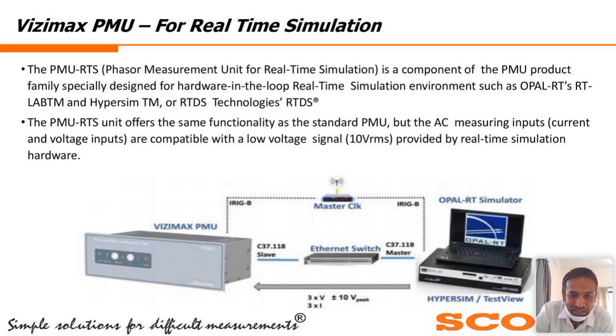The input from the current and voltage is in small low voltage signals, like 10 volts or 0 to 20 milliamperes, so that they can simulate from the external generators these CT PT inputs and send them to the PMU, and the PMU will take the low level signals and act as the actual current and voltage, and accordingly it will give the signals back to the simulator, so that they can collect the data and put it into the analysis module which is developed by the IITs. Those are particularly for research purposes.